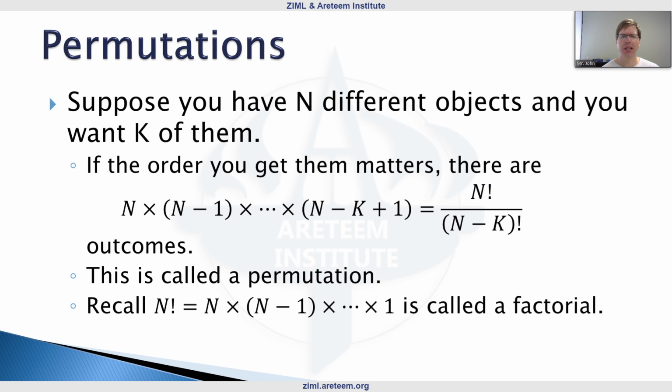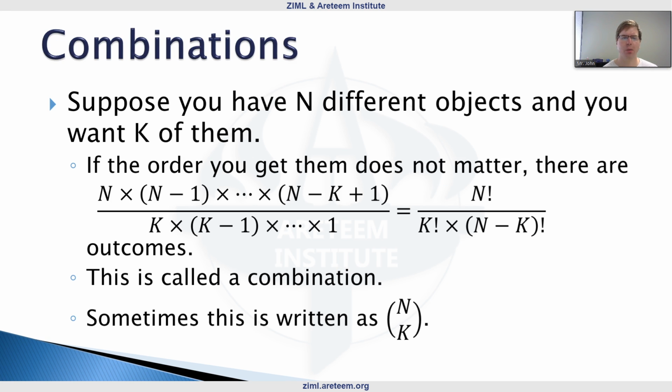And somebody already mentioned the other one in chat, which is a combination. This is when the order does not matter. We have n factorial divided by k factorial times n minus k factorial. As you do more and more of these problems, you'll see these written with parentheses, like a fraction but with no fraction bar in between.